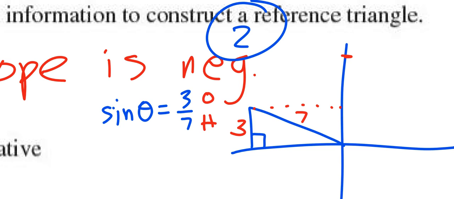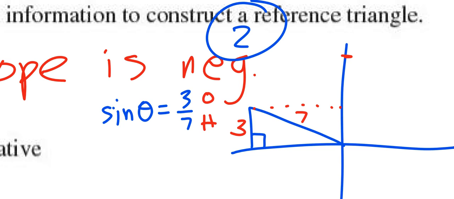No. So the 7, that was kind of a trick question. But based on the picture, does this side have to be negative? No. Give me a reason why. Okay, good.